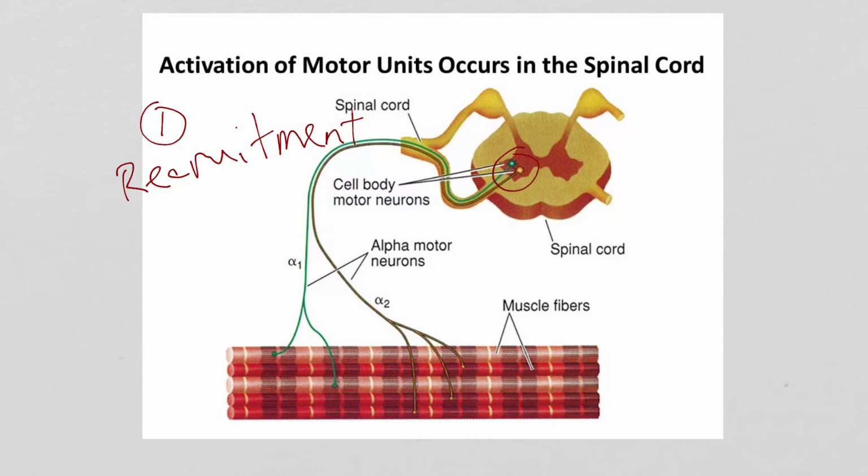And we have two alpha motor neurons here labeled alpha 1 and alpha 2. If it's some sort of a light exercise that we're doing where we don't need to produce much force, we might activate one of these motor units, and then as we add more force, we'll activate another one. Well, as we practice doing this in strength training, we get better at recruiting our motor units. And so we can activate more muscle fibers, which then gives us more strength. So that's the first neural adaptation.